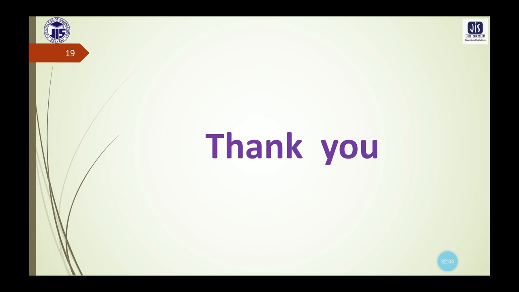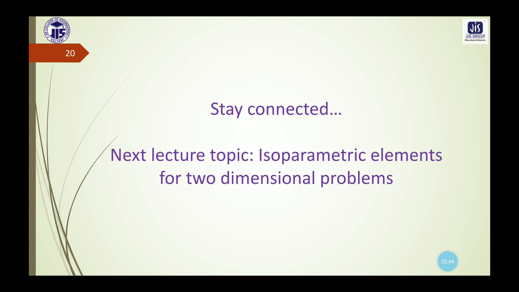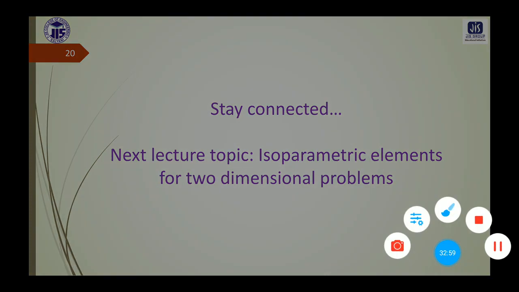Some important formulas, then how to calculate the Jacobian matrix, some important definitions we have discussed again in this lecture. So this is the end for this lecture, and in the next lecture we will start a new module, that is our module number 5, which deals with the isoparametric elements for 2-dimensional problems. So this is the end for this lecture.